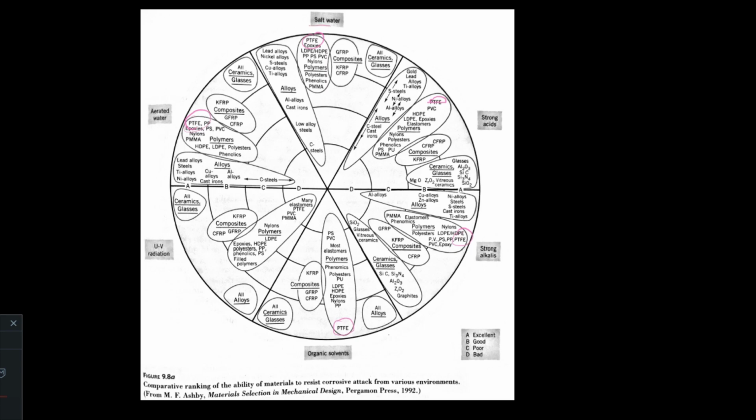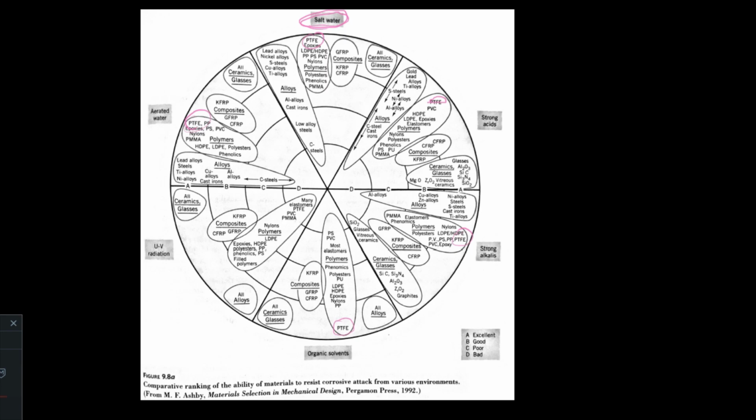So say, for example, around the ocean in salt water, or in the north where the roads are salted. If you're designing something, you would want to consider which material you put in that environment. Okay, and so different materials will behave differently in different environments.